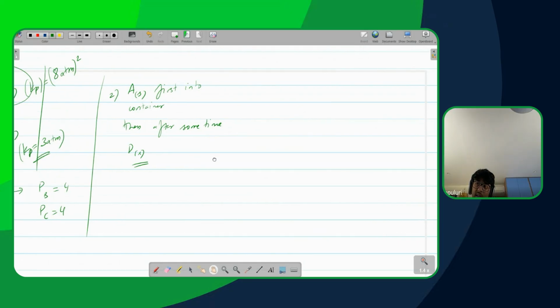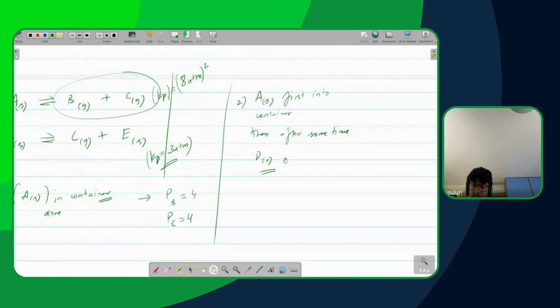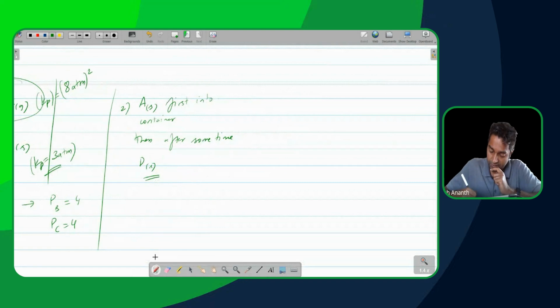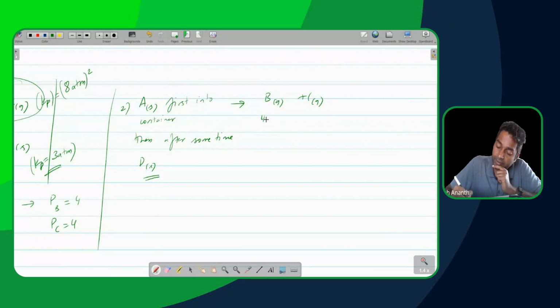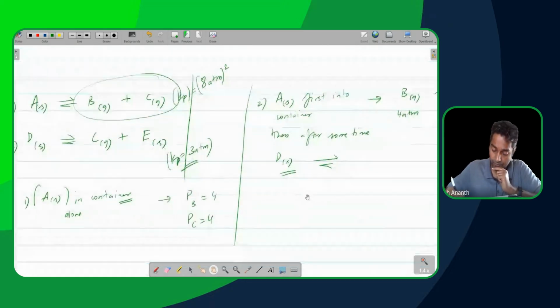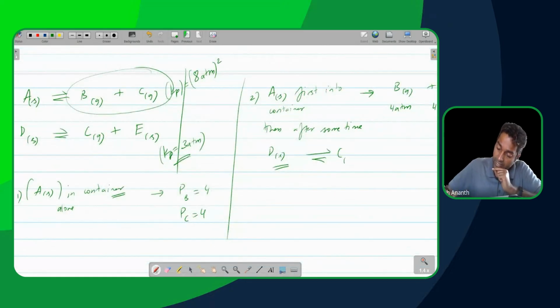Initially only B and C would be there, and some A. So initially we end up having B gas and C gas at 4 atm and 4 atm. Correct? So when I add the D, what is supposed to happen? What's the issue here? I'm supposed to have C gas plus E solid form.